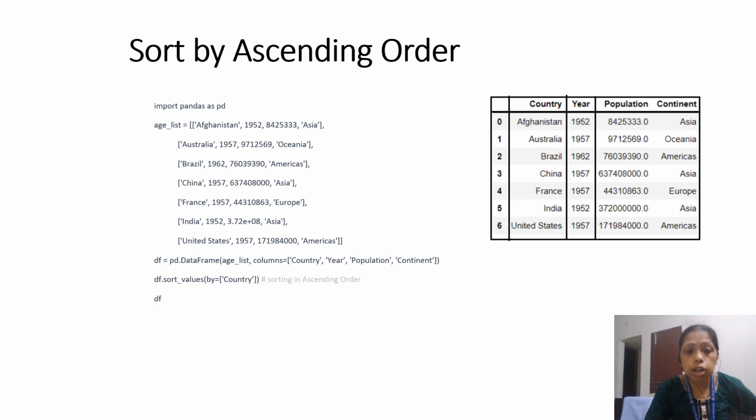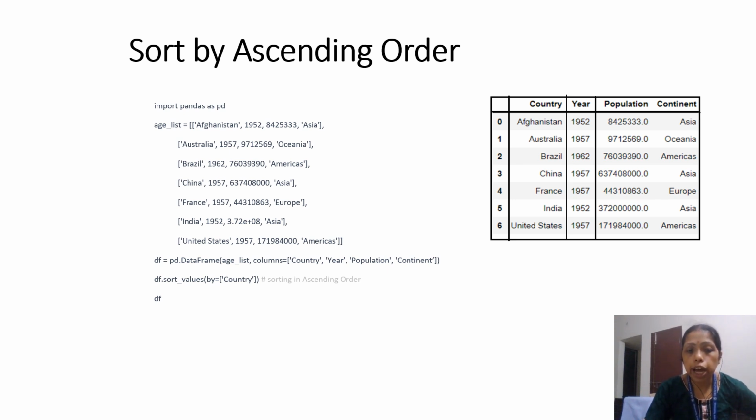How can you do it? df.sort_values, within brackets by equal to country, with country in quotes. When you execute this, even if you don't write anything else, it comes in ascending order: Afghanistan, Australia, Brazil, China, France. The country column appears first, in ascending order A, B, C, F, I, U, and accordingly the other values are sorted.